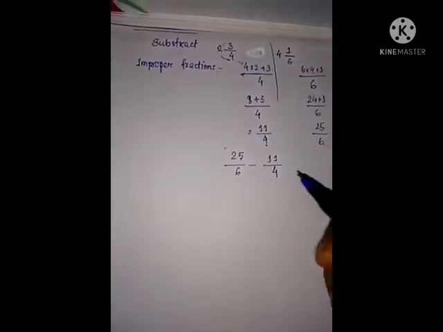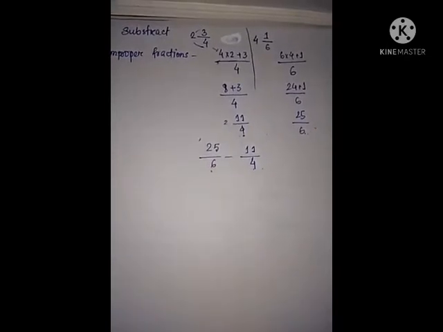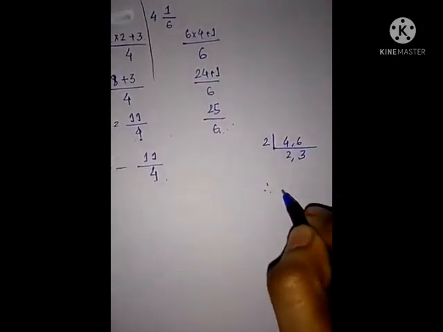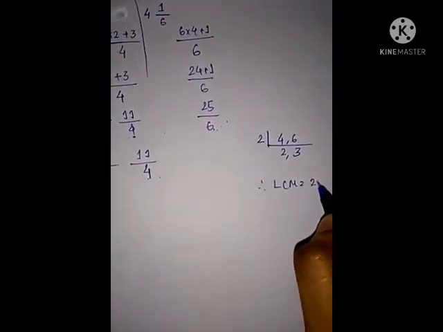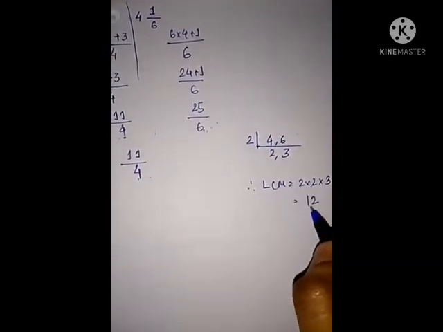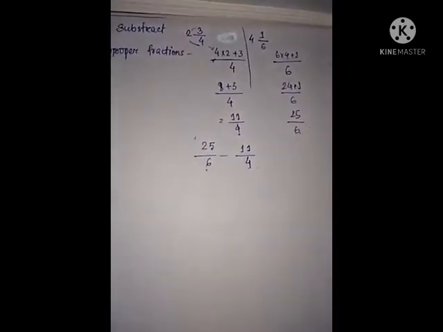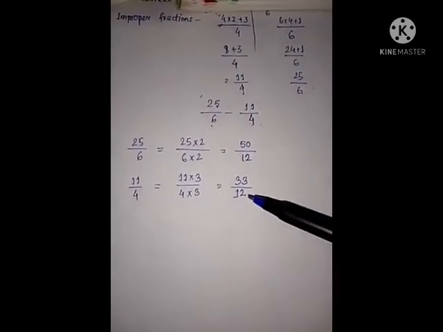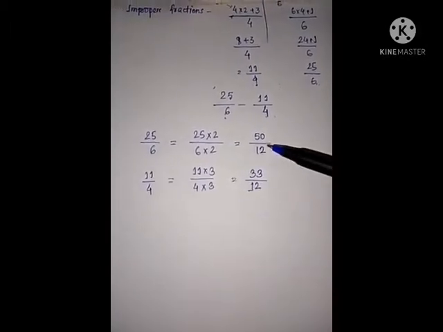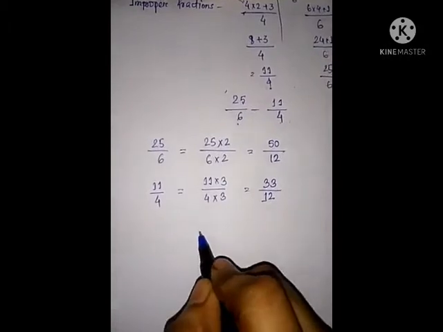Okay, so at first we have to find the LCM of 6 and 4. Therefore LCM is 2 into 2 into 3, 2 fours are 8, 4 3s are 12. Okay, now make equivalent fractions. So after we have made the equivalent fractions, just subtract this.